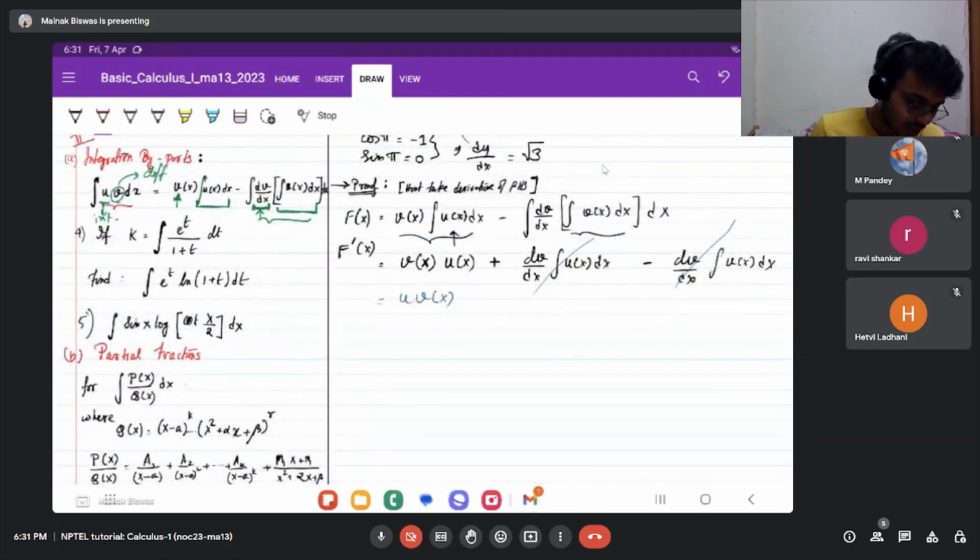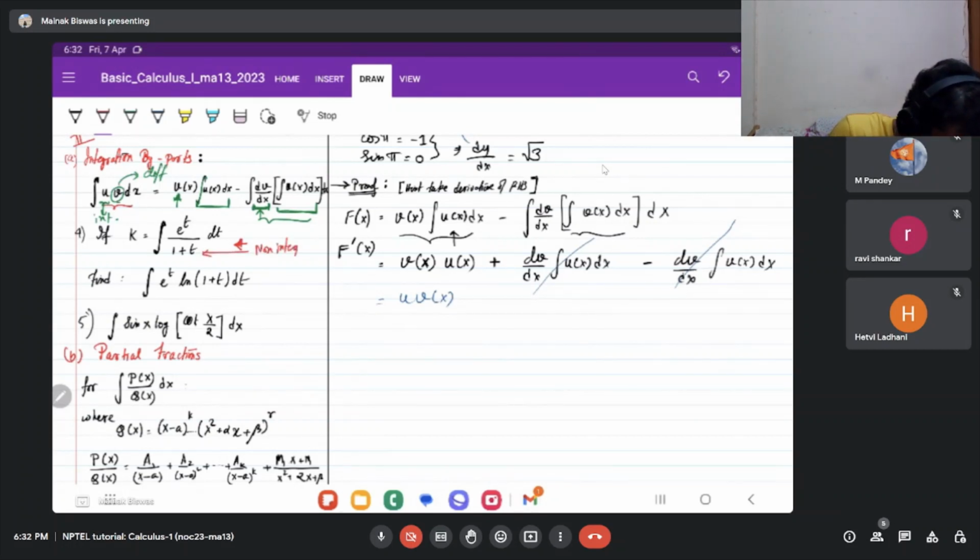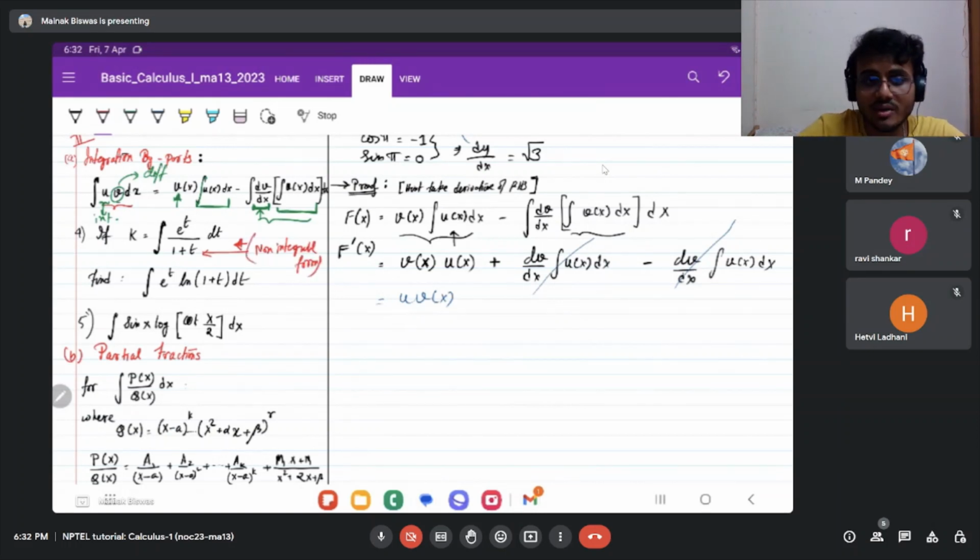So good, let's solve some questions related to this. Some warm-up questions, for example the first one. You are told that this in general is a non-integrable form. You can solve it analytically, but it's not typically integrable. You cannot take an antiderivative of this, because the antiderivative is a very complex function, so it is not a real function.